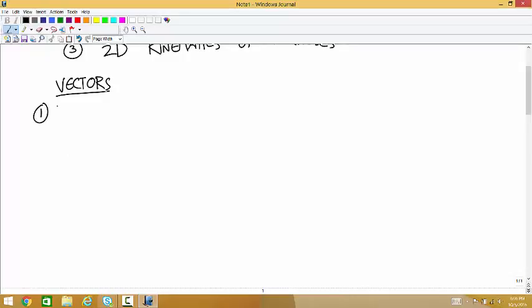Okay, so number 1, there's a vector like this that makes an angle of 30 degrees with the horizontal. And it has a length of 50 meters.